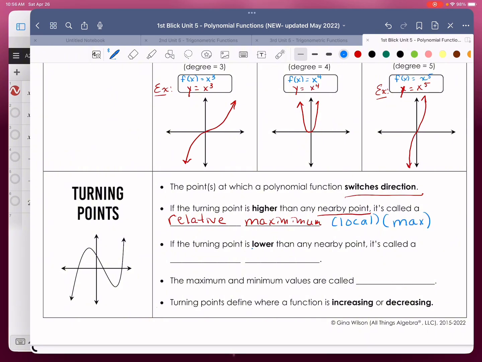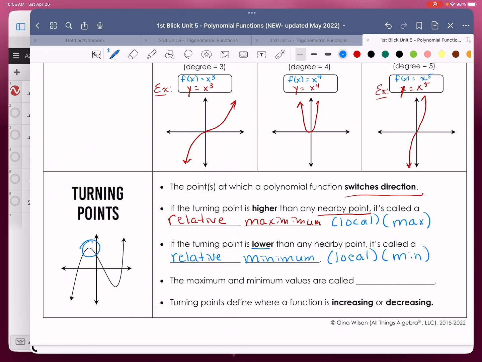All right, if the turning point is lower than any nearby point, that is called a relative minimum. Also can be referred to as a local min. All right, so looking at your graph over here where it says turning points, your relative maximum would be this point up here.